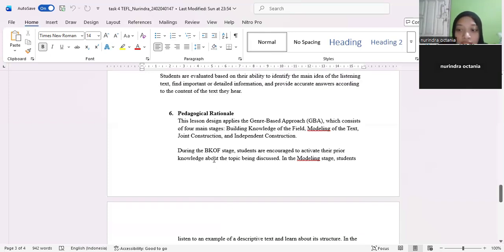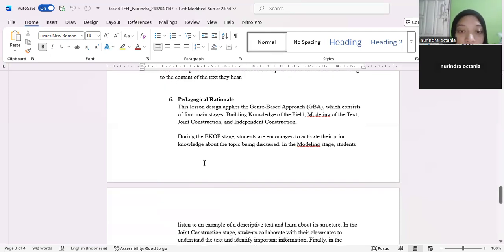And the last, pedagogical rationale. This lesson design applies the Genre-Based Approach, or GBA, which consists of four main stages: building knowledge of the field, modeling of the text, joint construction, and independent construction.